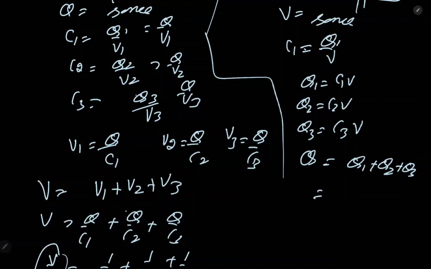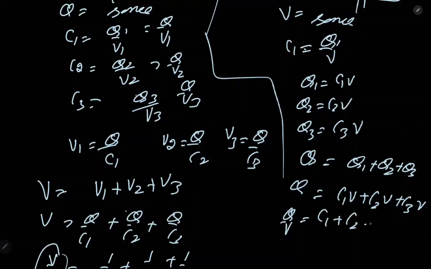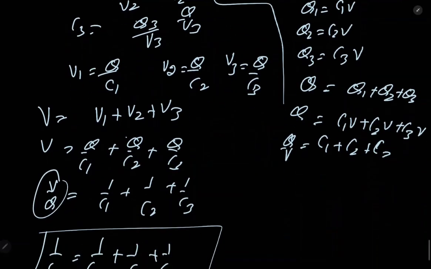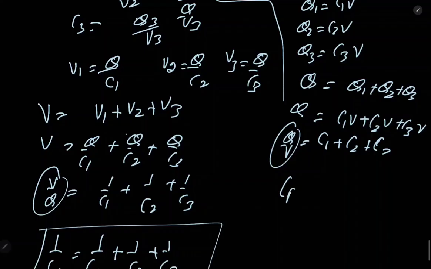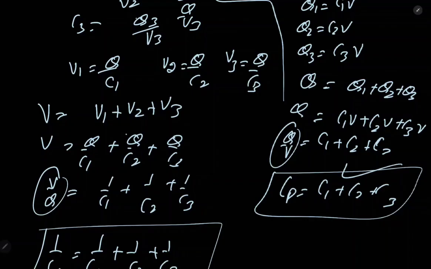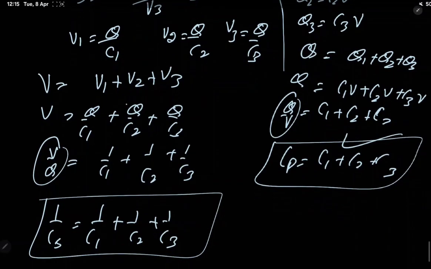I will put the values, C1V, C2V and C3V. This is Q. I will take V common and divide, Q upon V equals C1 plus C2 plus C3, right. So this Q upon V is Cp, capacitance in parallel, which is equal to C1 plus C2 plus C3. So in case of parallel, capacitances add directly, and in case of series, they will reverse and then add.